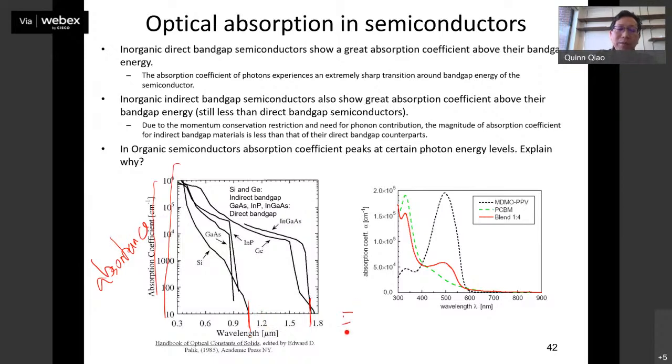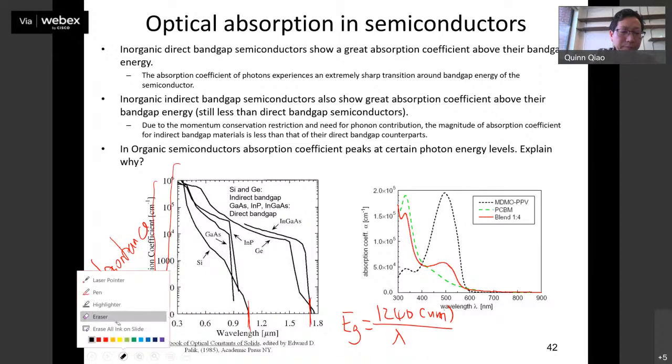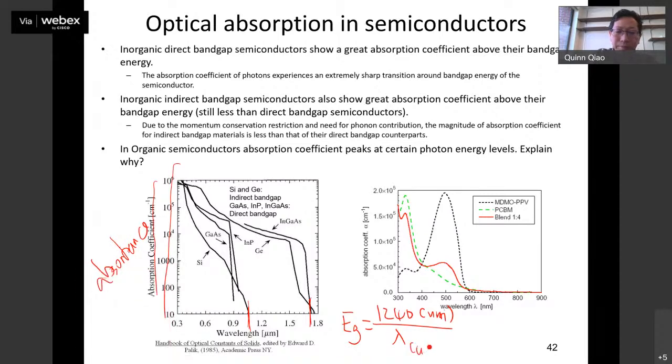The band gap is equal to what? If the wavelength is in nanometers, it's 1240 divided by the cutoff wavelength, right?